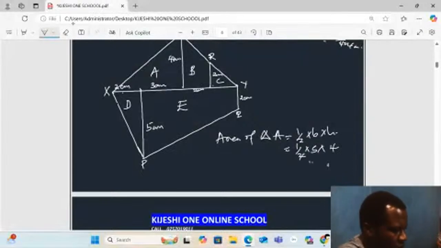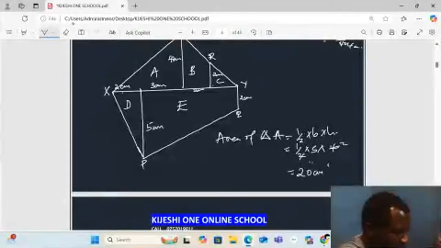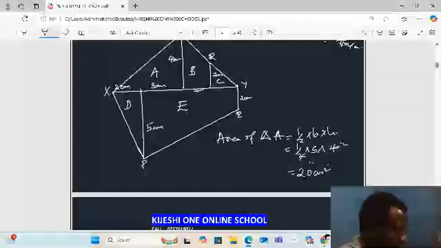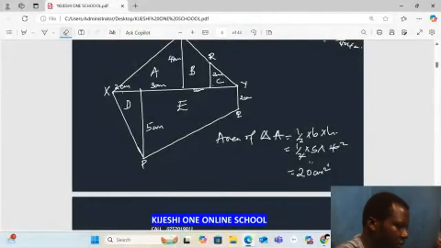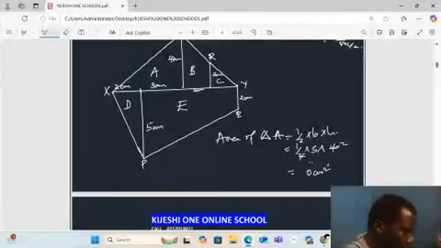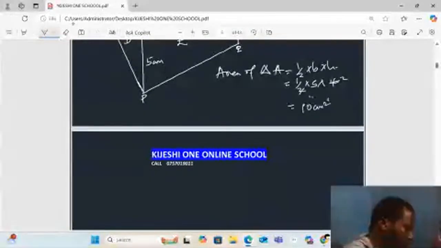So we shall have 10. That is 5 times 2, that is 10. So we shall have 10 square centimeters.